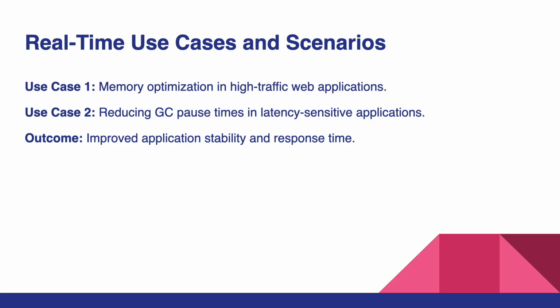Another example is a financial trading platform, where even small GC delays can impact trade execution. In both cases, effective memory management practices help ensure smooth operations, faster response times, and better user experience.